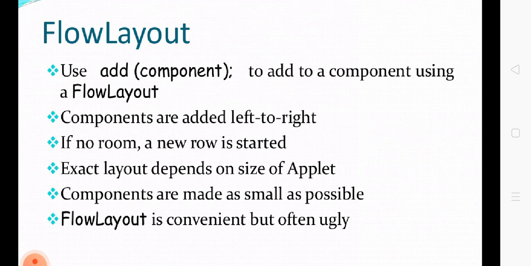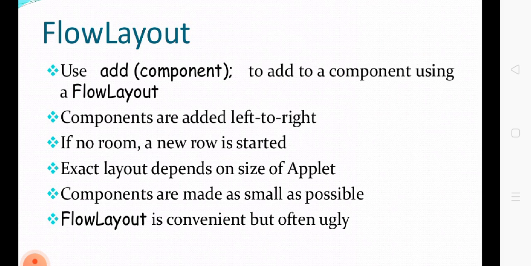Whatever components you add to a layout will be added from left to right. If no room is left, a new row will be started. We move from left to right, but if we come to the end of the line and our component is not going to fit within that size, then it will start a new row.